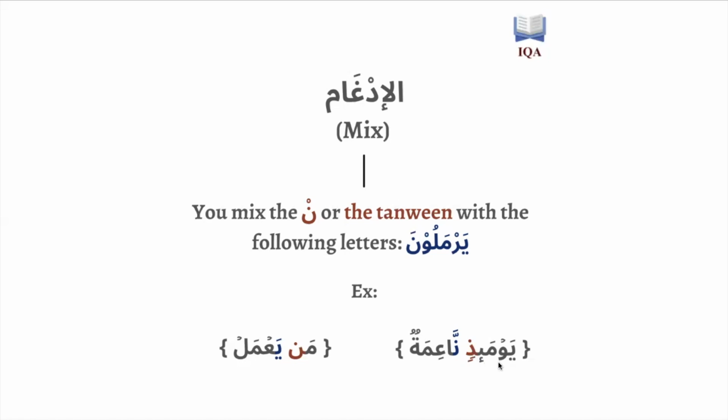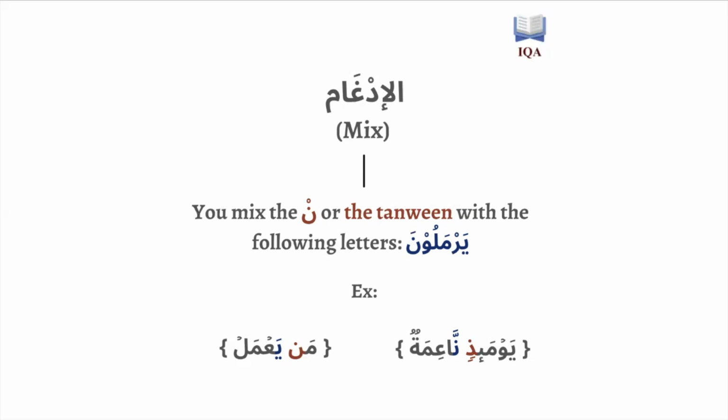Instead of saying yawma idhin na'ima, I'm going to say yawma idhin na'ima. So I'm mixing the tanween with the following letter, which is a noon. Why? Because the noon is one of the ya manun letters. Okay, so this is what al-idgham is in brief.